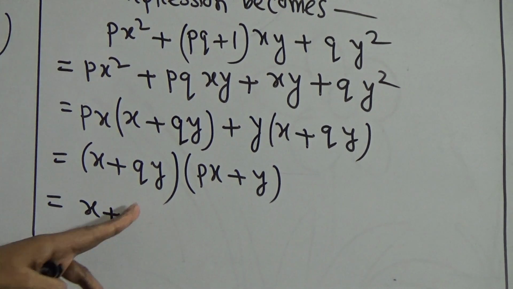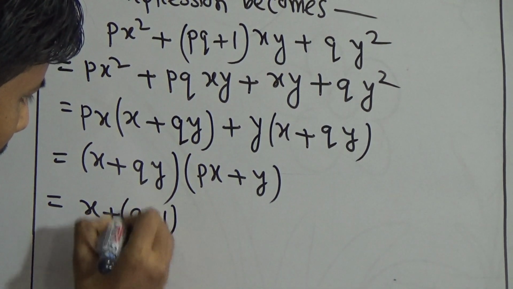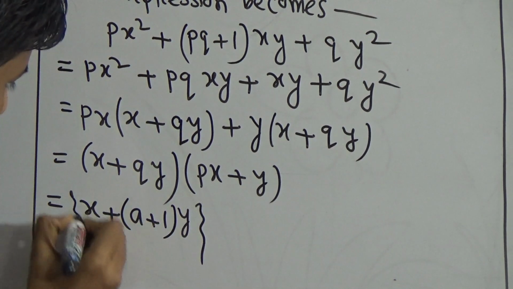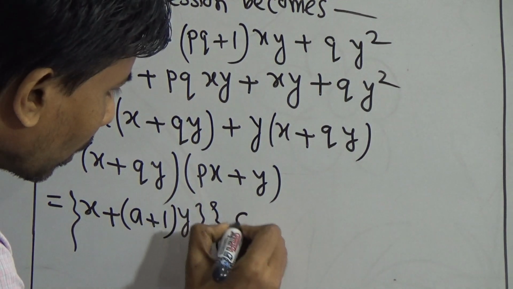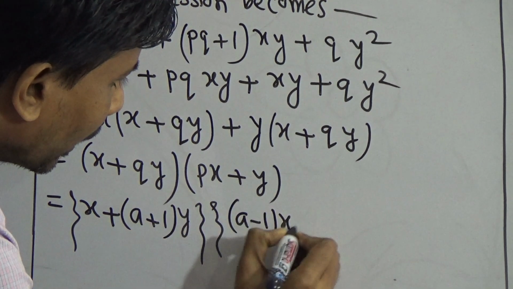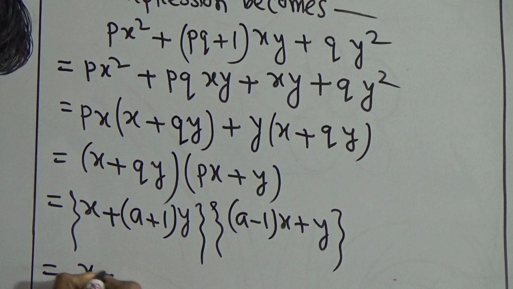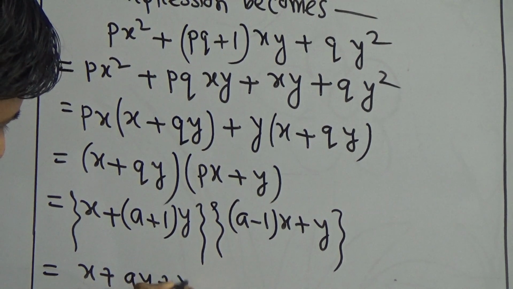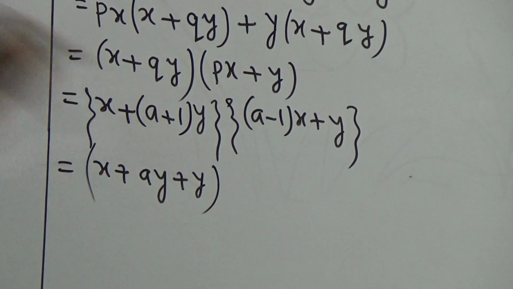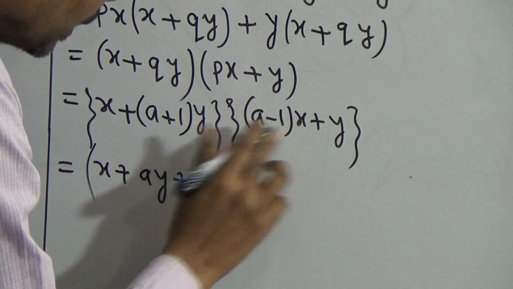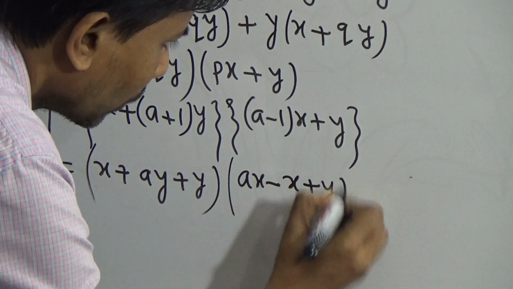x plus q means what? q means a plus 1, so (a plus 1)y. Then p means a minus 1, so (a minus 1)x plus y. Now x plus ay plus y: x, a into y is ay, 1 into y is y. Then ax minus x plus y.